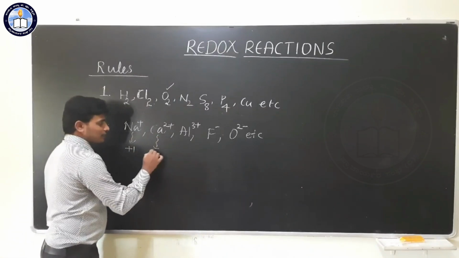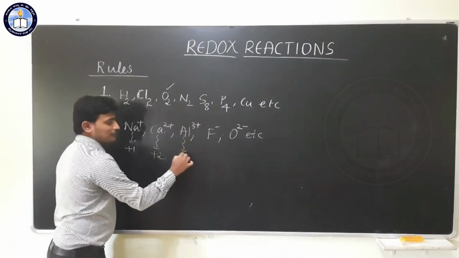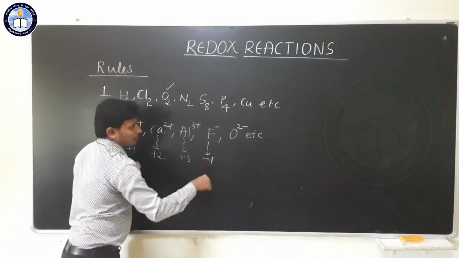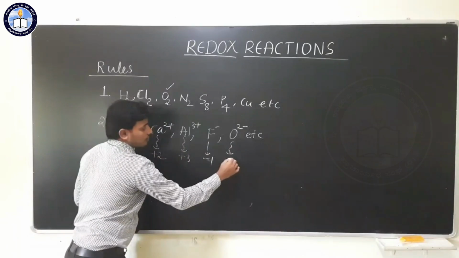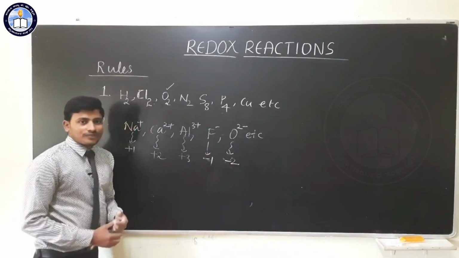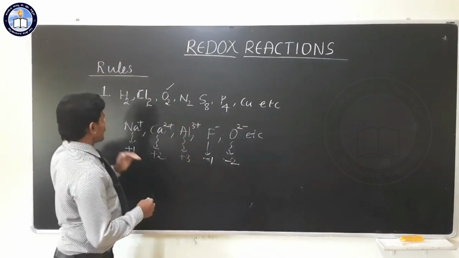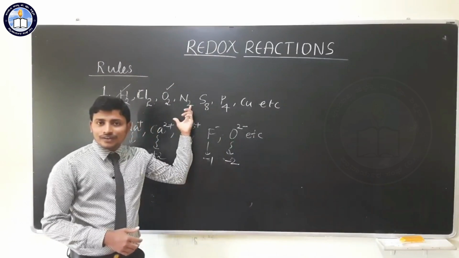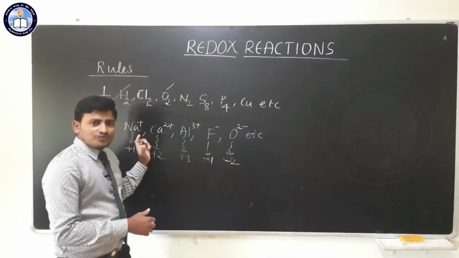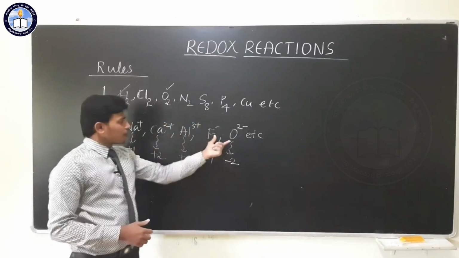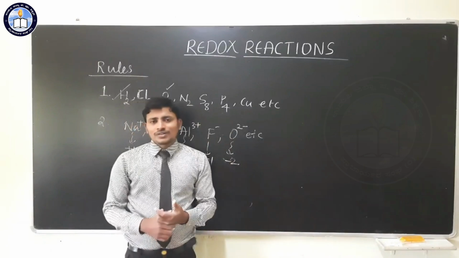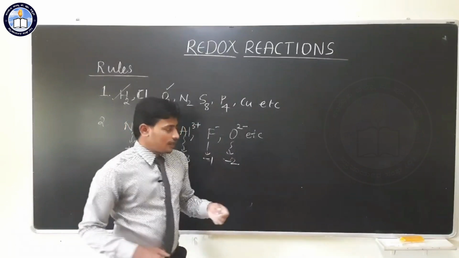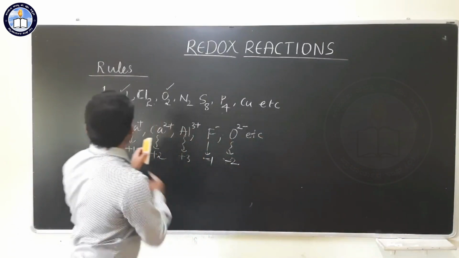For calcium, it is +2. Aluminium is +3. Fluoride is -1. Oxide is -2. So if it is elementary state, taken as 0. If it is a monoatomic ion, mono means single, in that case the oxidation number is nothing but the charge on that ion.